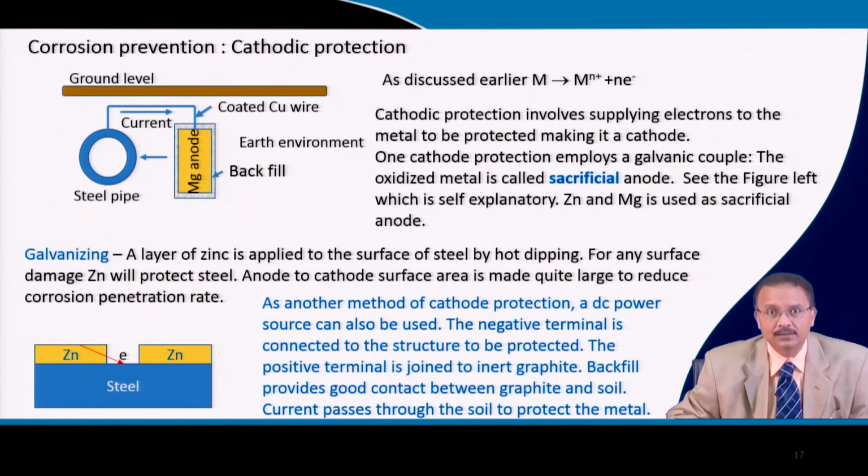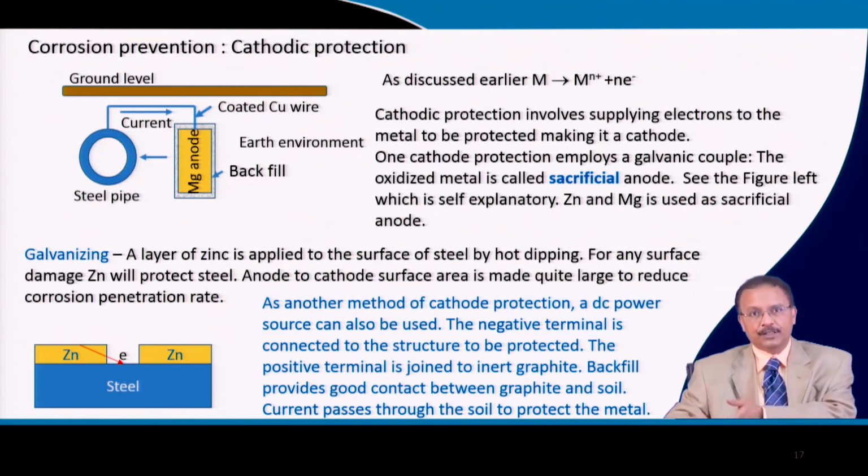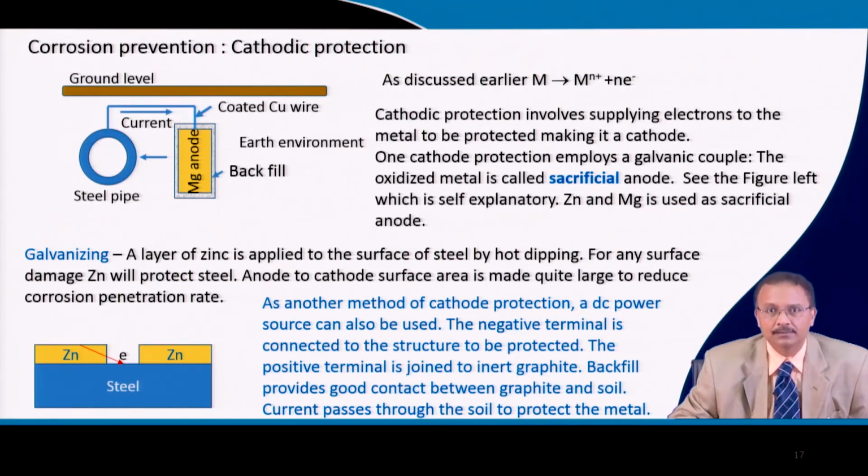The negative terminal is usually connected to the structure to be protected. The positive terminal is joined to an inert graphite electrode dipped into the soil with a backfill. The backfill provides good contact between graphite and soil, and current passes through the soil to protect the metal body.